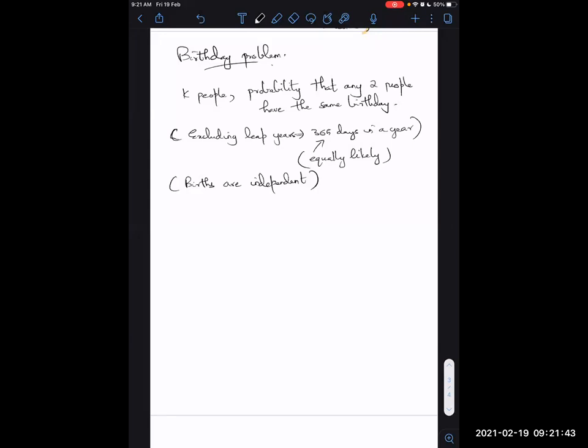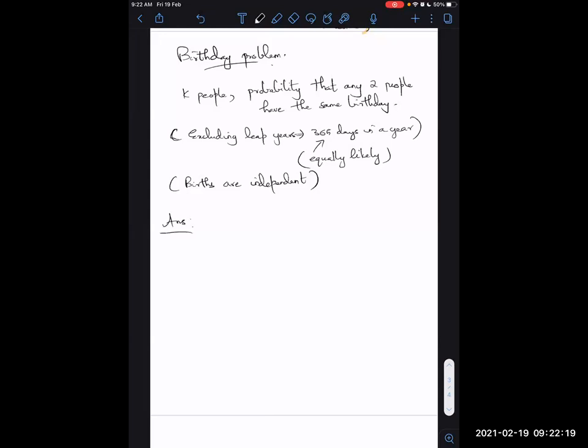We don't consider that for now, because the birth of one person implies the birth of the other. So these are the assumptions we make to state the birthday problem. Are these assumptions clear for everyone? Is the problem clear? We have k people, and we need to estimate the probability that any two people have the same birthday. So how do we answer this question?